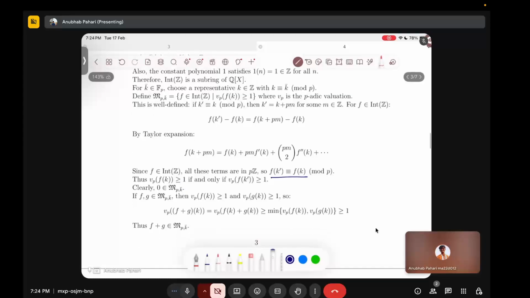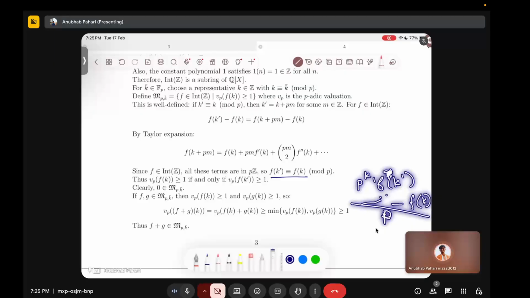Now if it is greater than or equal to 1, then f(k') can be written as p to the power k1 times f*(k'), such that p does not divide f*(k').